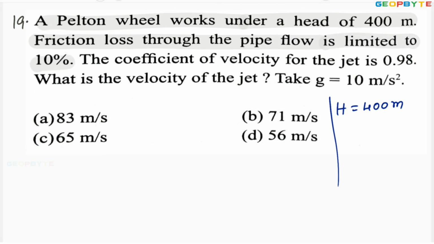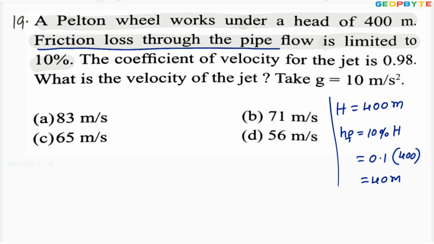So the loss of head due to friction is 10% of the head, equal to 0.1 times 400, which is 40 meters. That is the meaning of the 10% frictional loss limit.